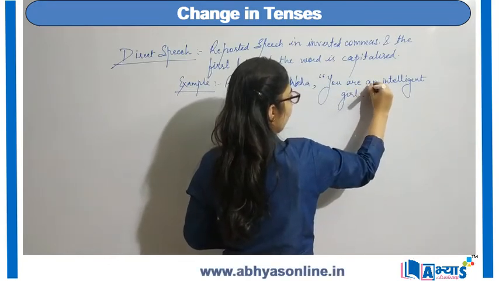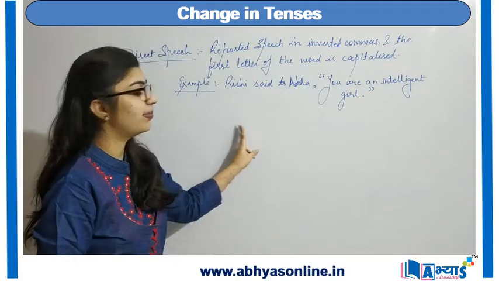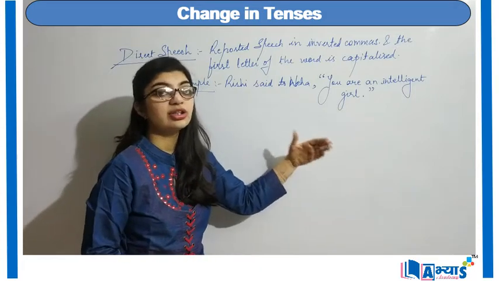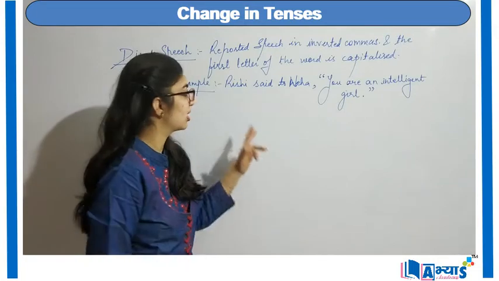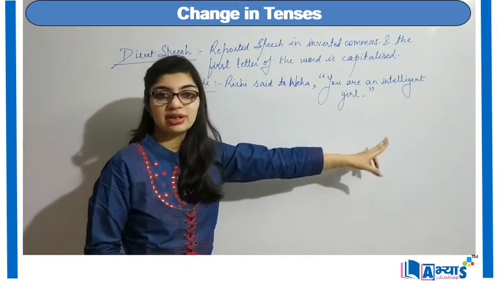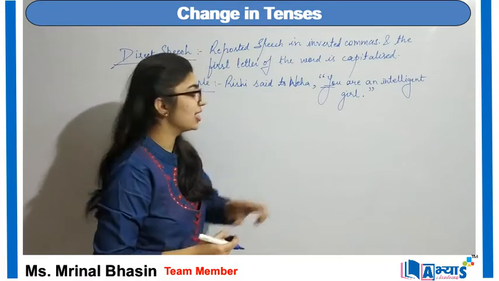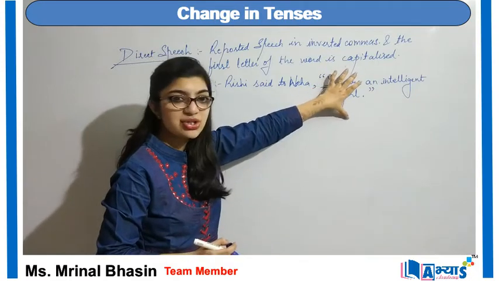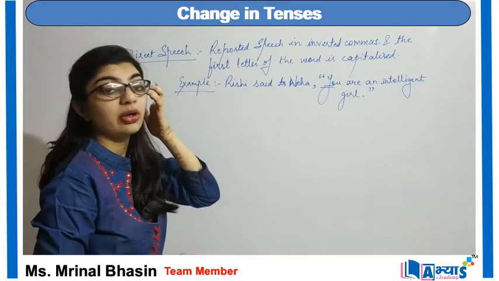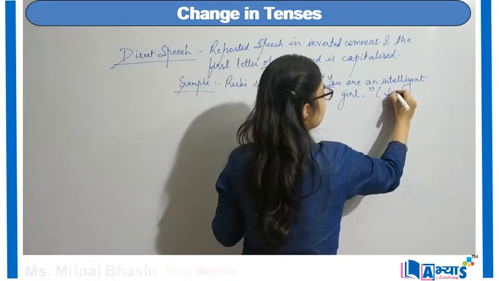Full stop and inverted commas close. So this is the basic concept of usage of direct speech in a sentence. Rishi said to Neha, "You are an intelligent girl," right? So the Y of You is capitalized. I am writing the main speech in inverted commas, right? Now, "you are an intelligent girl" is in simple present form.